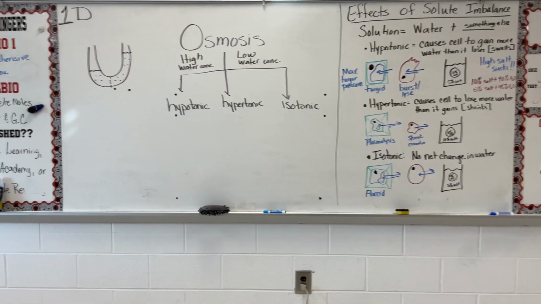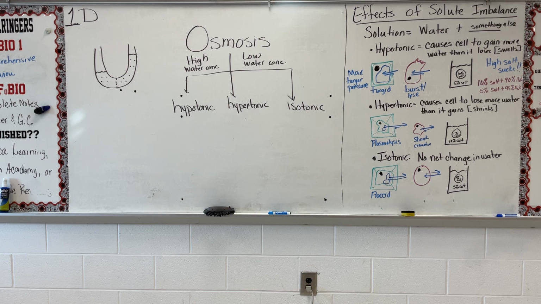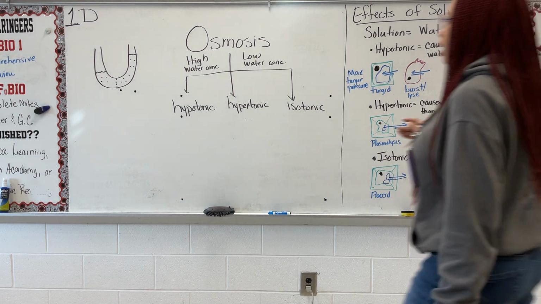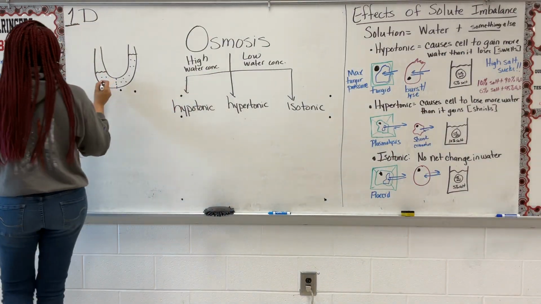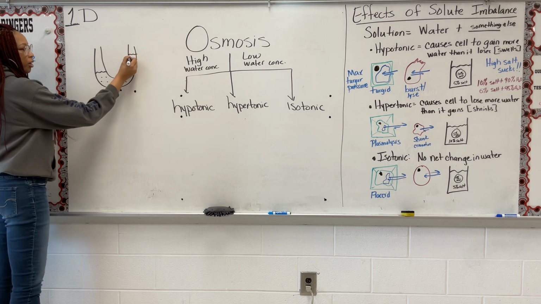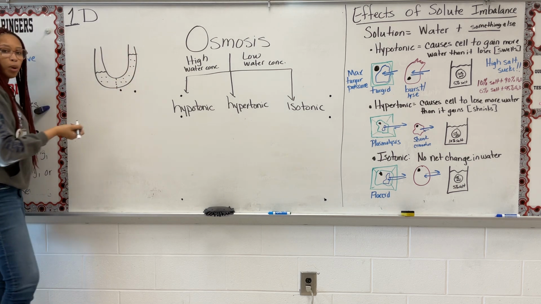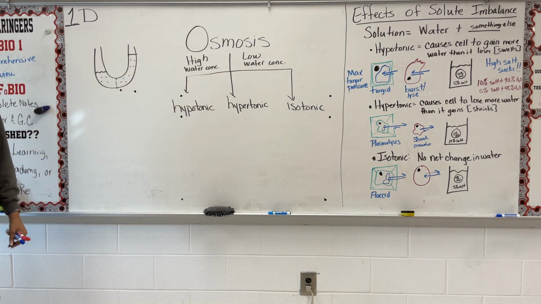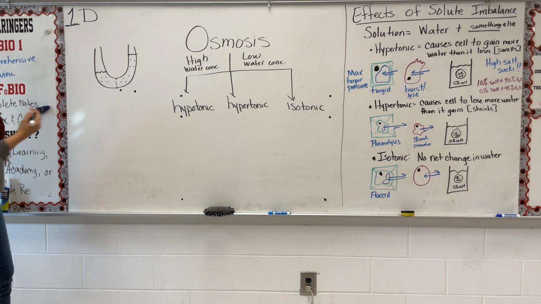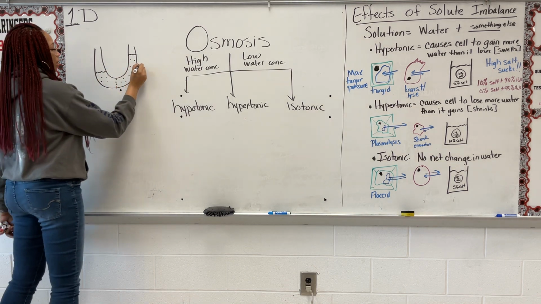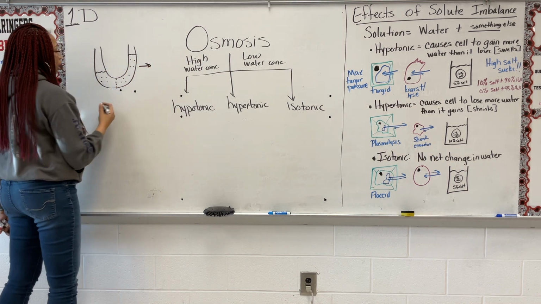Right there. On one side, I have a certain amount of water and there's 4 particles, and on the other side, I have twice as much water and twice as many particles. This is equal concentration. This is the type of equilibrium we want.